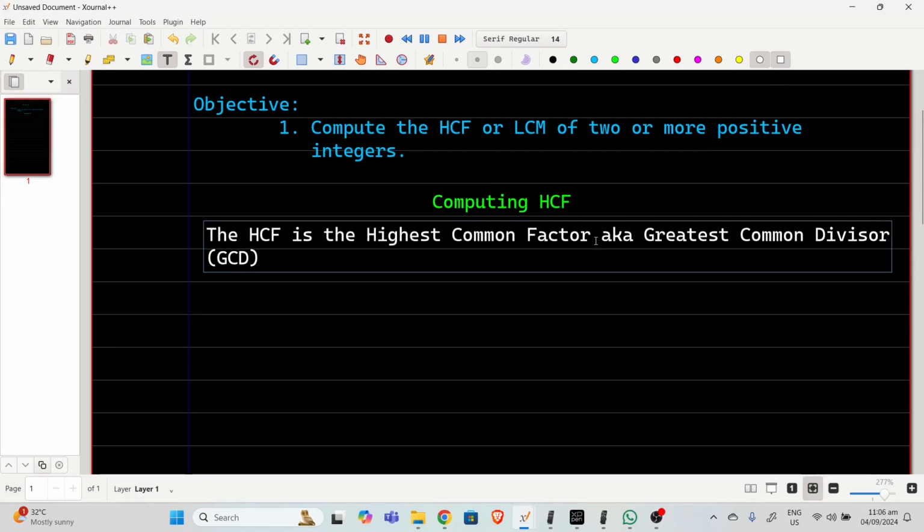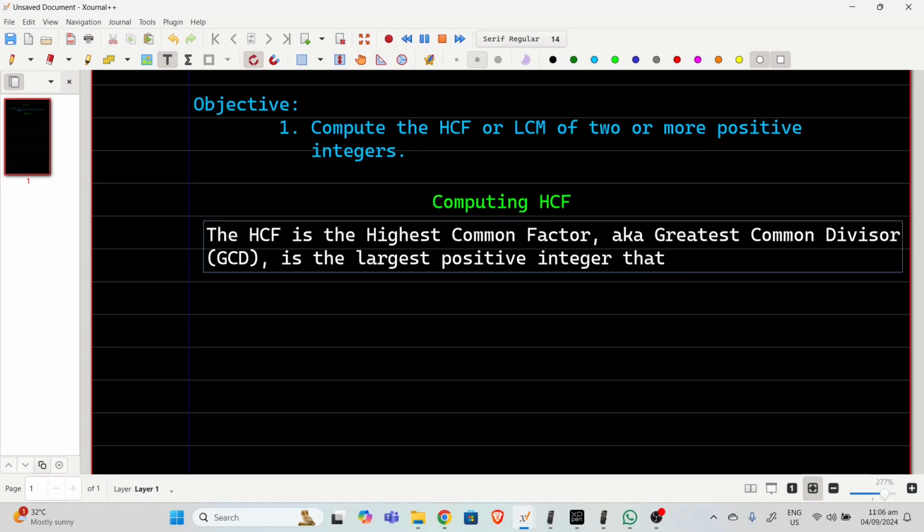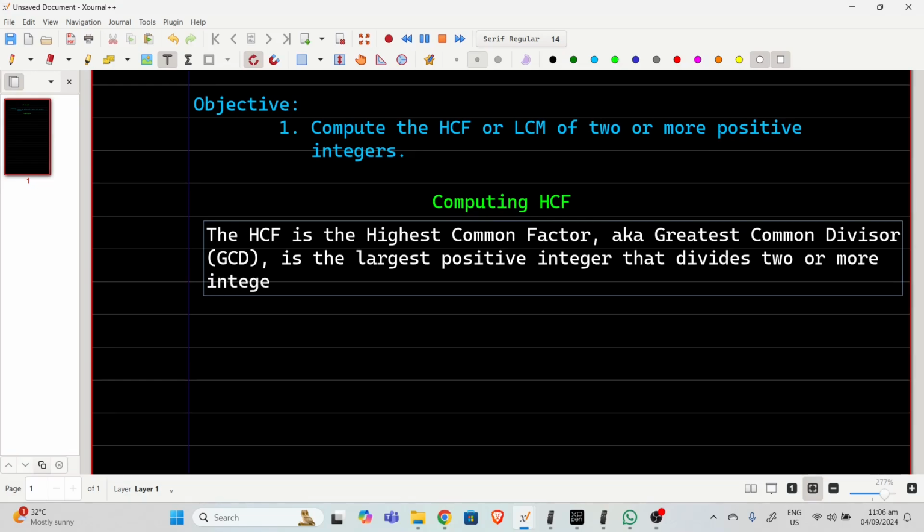Let me just put a comma here. Right, is the largest positive integer that divides two or more integers without leaving a remainder. Right?